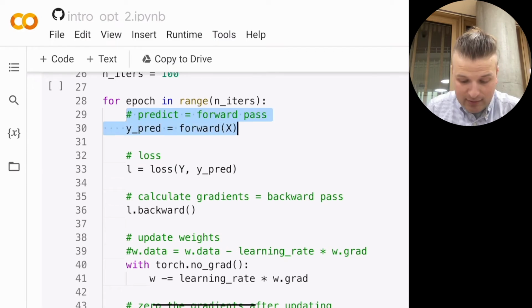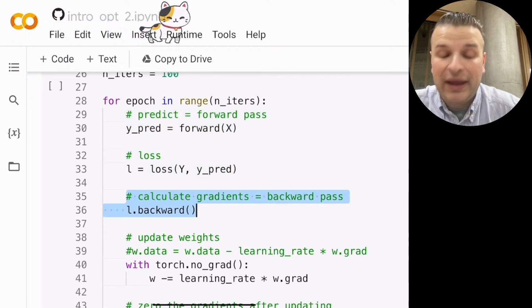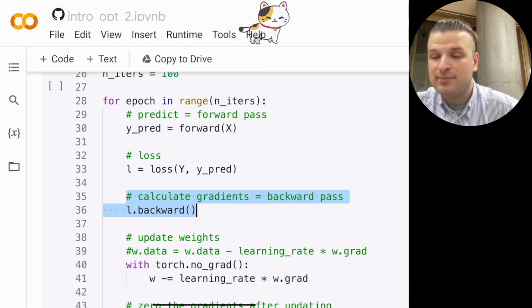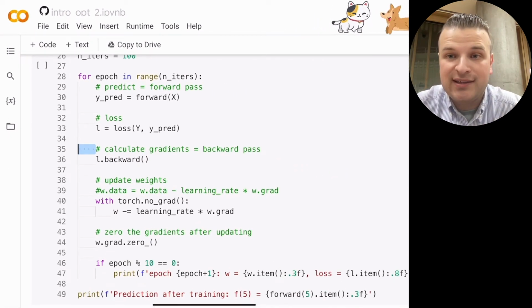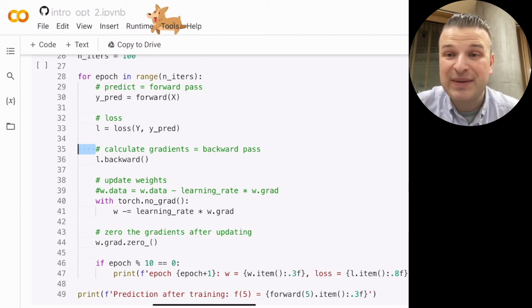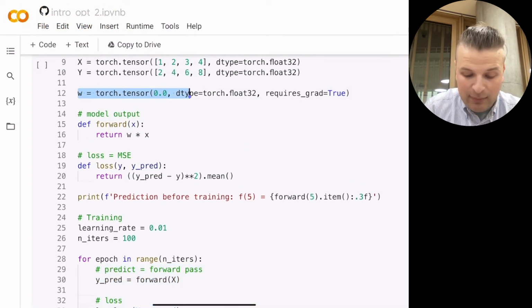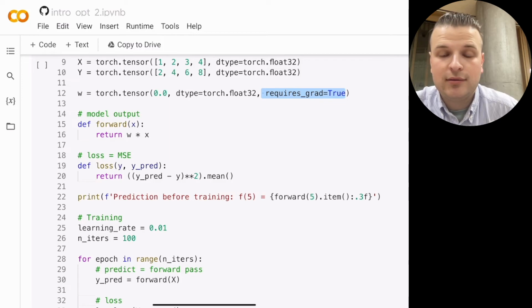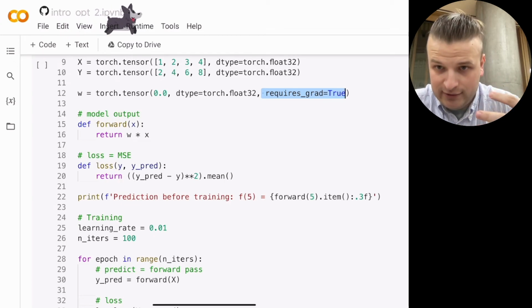Here we have the forward pass, loss function computation, and one function to make a backward pass. And during this backward pass, we will get all the gradients with respect to all parameters which were specified in advance. Here we have defined parameter W, and we explicitly told PyTorch that we explicitly ask for a gradient here, right?